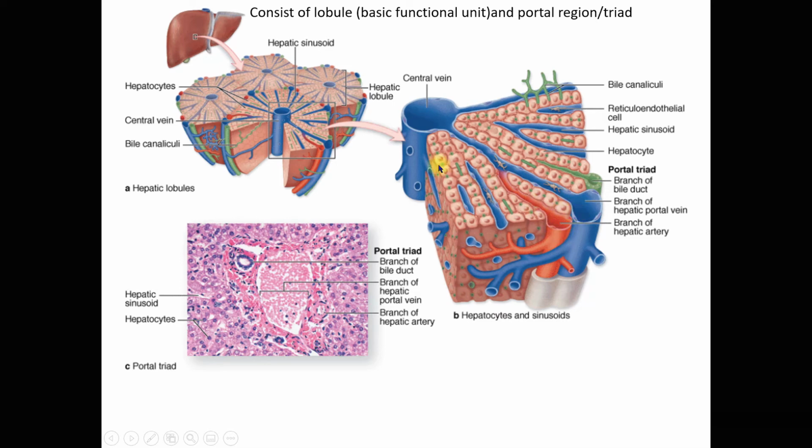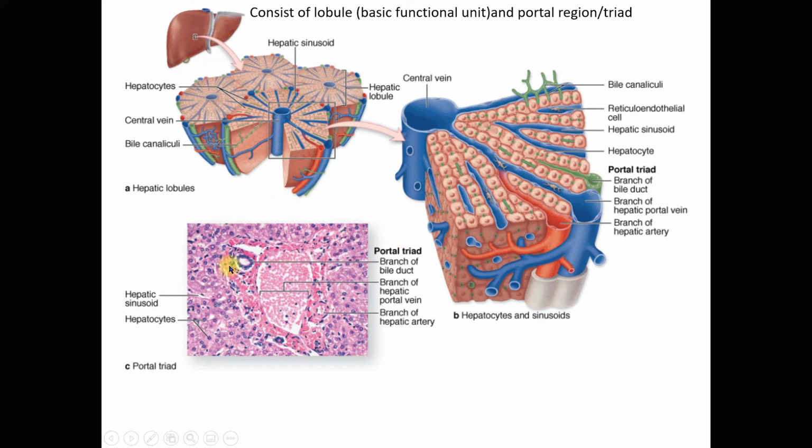So again, these are the portal region, which consists of the bile duct, portal vein, and portal artery. Bile duct, portal vein, portal artery. If you want to put hepatic, you can also. So, bile duct, hepatic portal vein, hepatic portal artery. Alright, it's difficult, right? One vein, one artery, one bile duct.